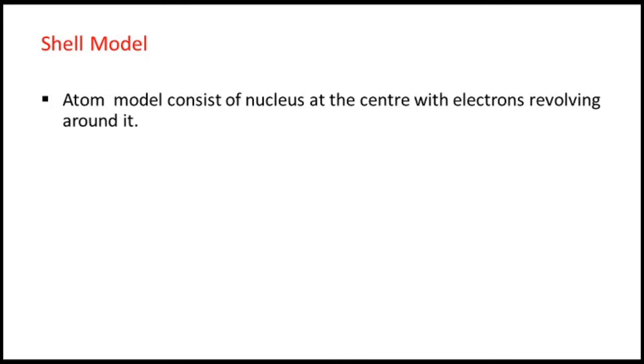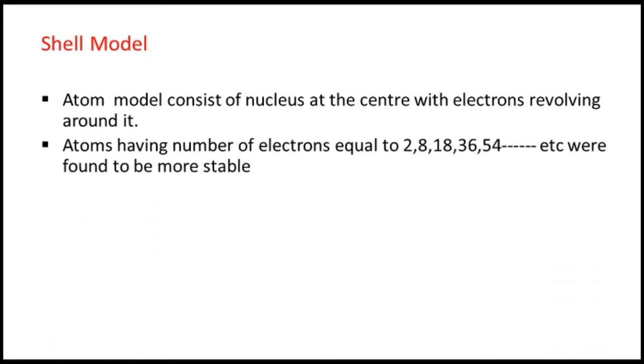We all know that an atom consists of a positively charged nucleus at the center with electrons revolving around the nucleus in certain orbits. And we have seen that the atoms having number of electrons equal to 2, 8, 18, 36, 54, etc. were found to be more stable in nature.